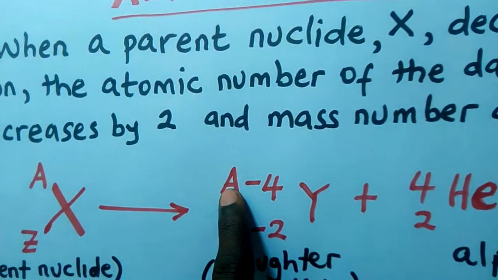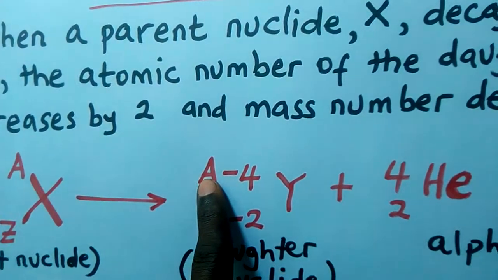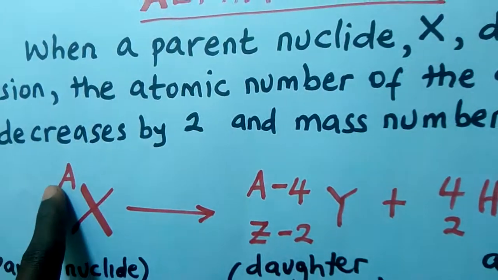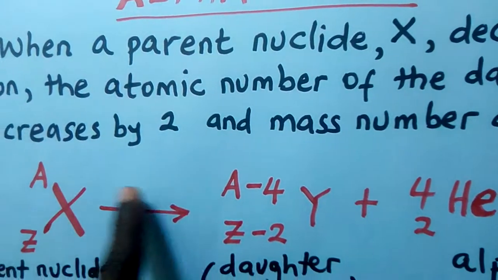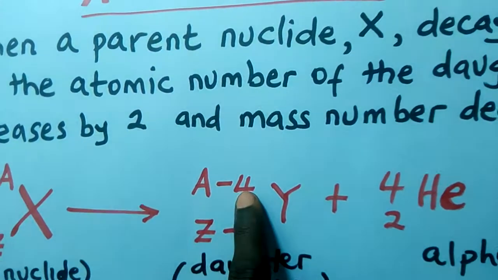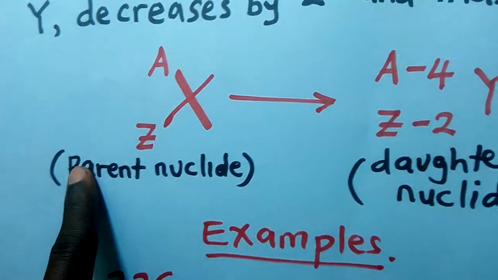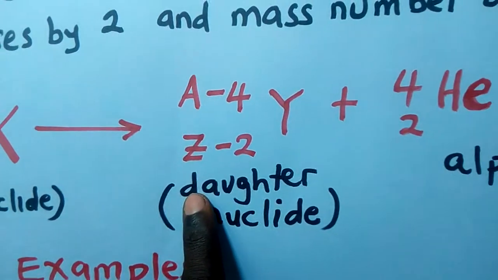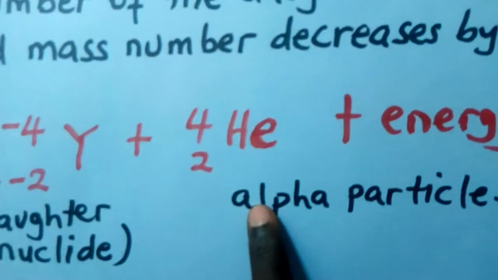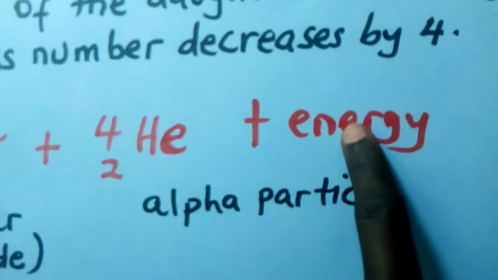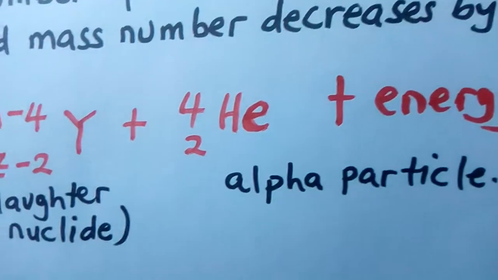Then for the daughter, the mass number decreases by 4, A minus 4. So if this was 230, this will be 230 minus 4. So this one represents the parent, this one is a daughter, and then this is an alpha particle, plus of course energy. So that is a general equation.